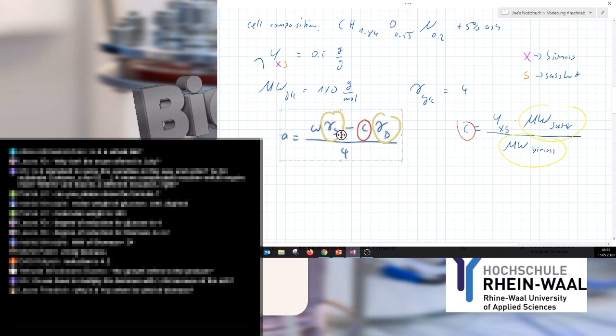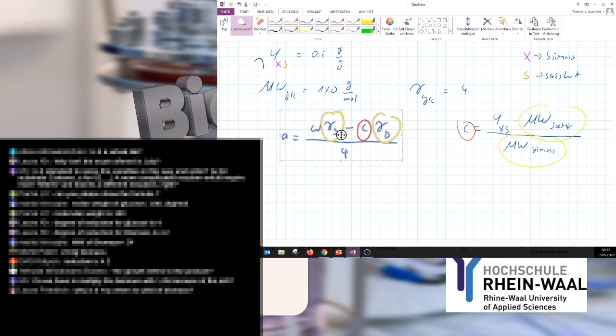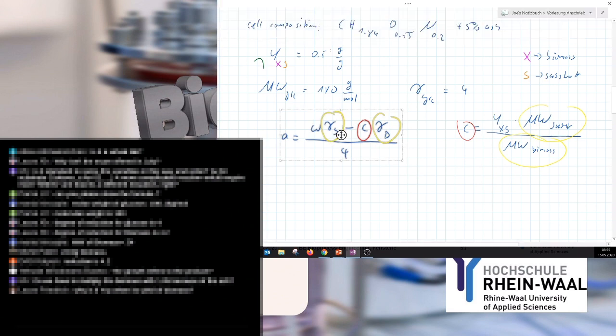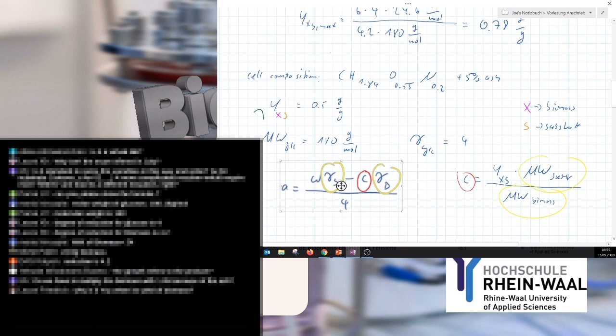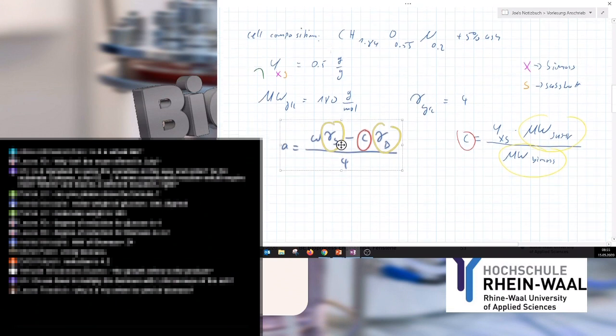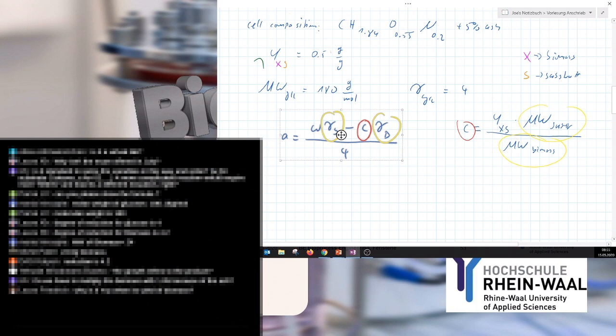Then I can show the cell composition. So that's what we need.